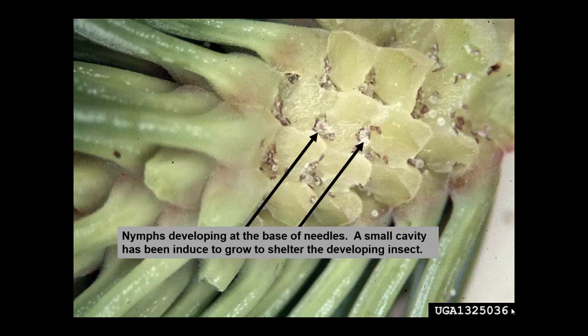So the newly hatched nymphs will migrate to the base of the needles within the emerging buds of the spruce tree. They will settle, they will feed, and their feeding activity will induce a proliferation of cell growth, and that will form a kind of cavity around them within which they will then grow.